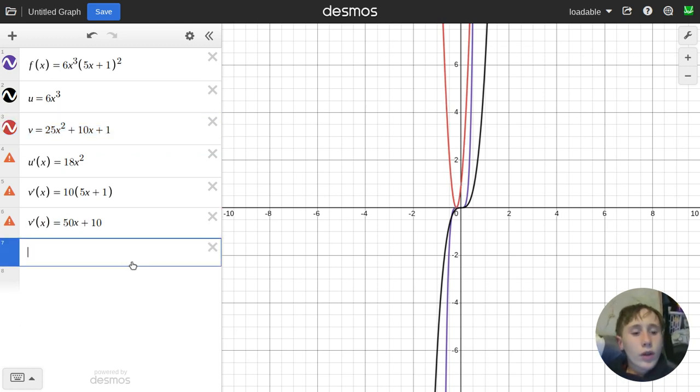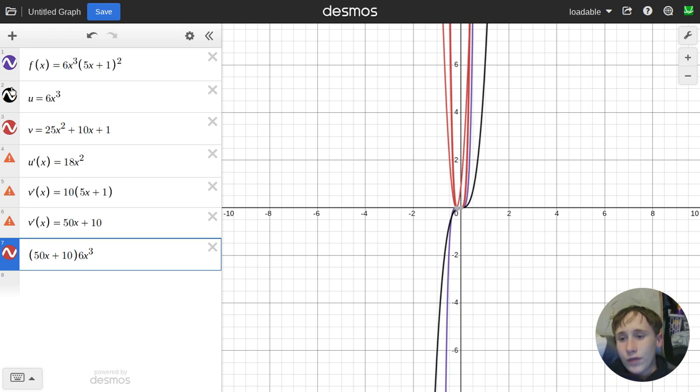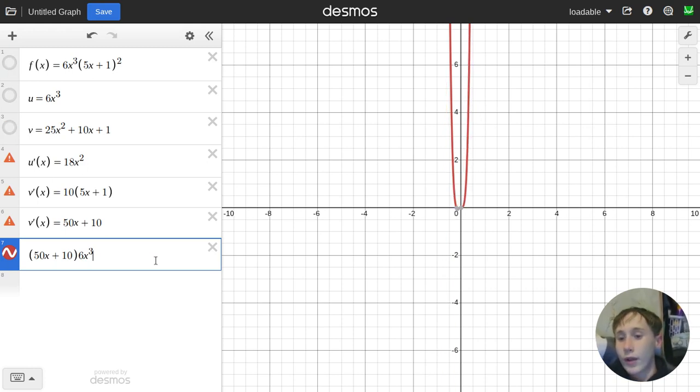So now let's go ahead and lock this into our product rule formation. So 6x to the third times 50x plus 10. Turn off the graphs. Okay.